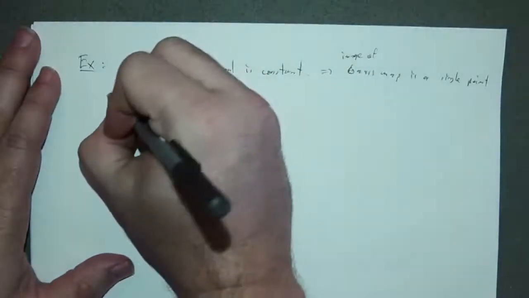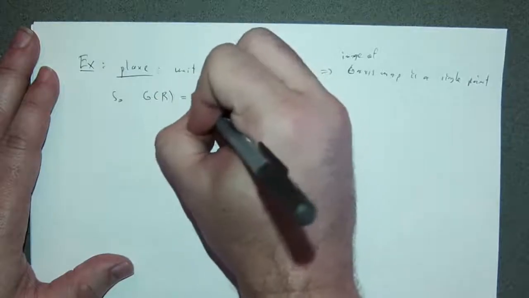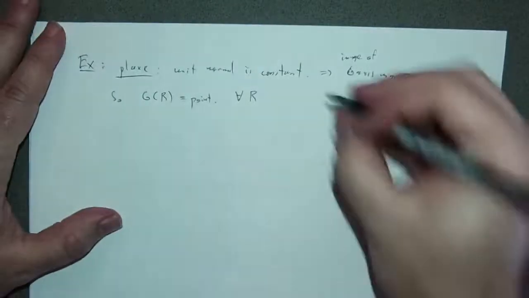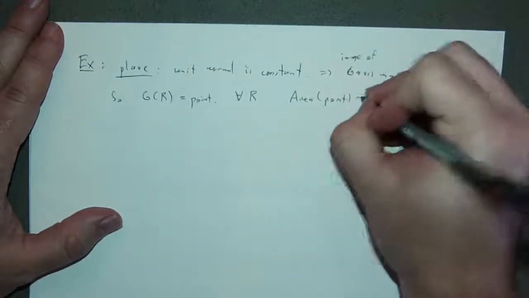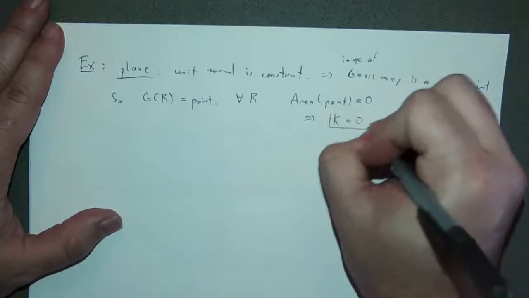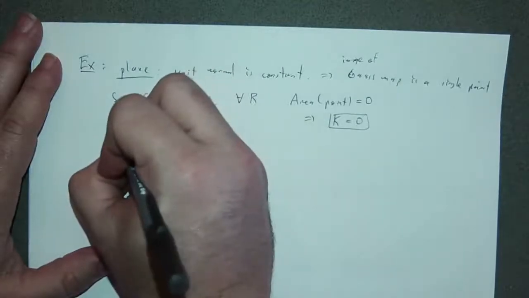So G of R is equal to a point for all R. Well, the area of a point is 0. So Gaussian curvature is 0. No computation needed.